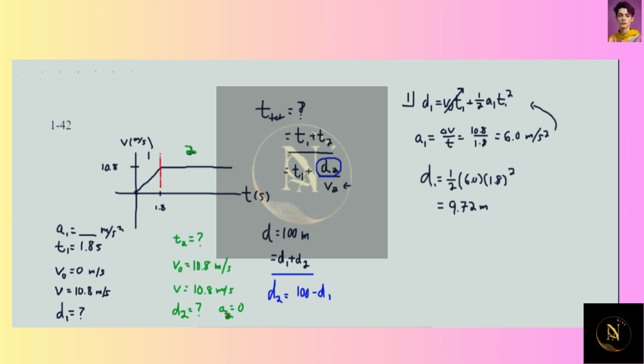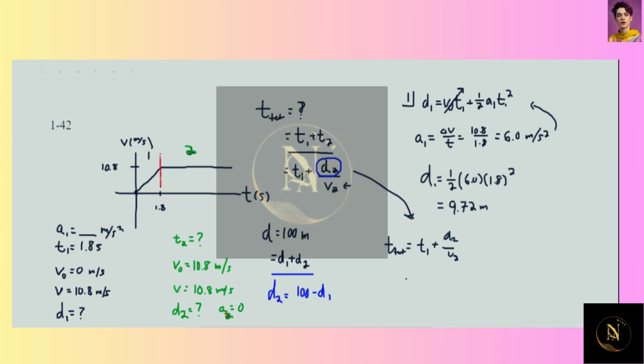Great. So now that's all we need to solve. We can use the total time equals the time for part 1 plus D2 over V2.